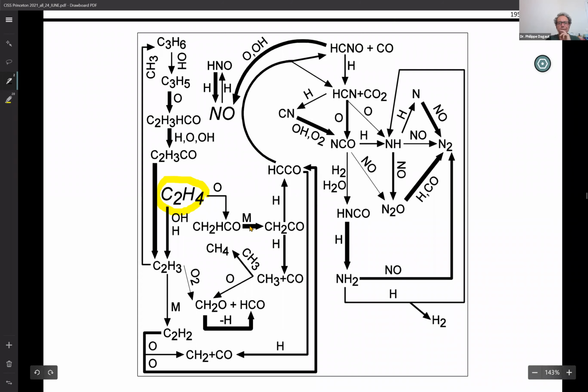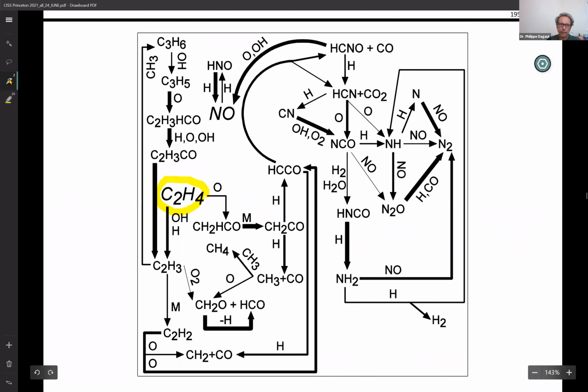And this species can react with H atom to produce CH3 and CO, and then you are going back to formaldehyde chemistry. It can also react through H atom abstraction to form ketenyl, HCCO here. And HCCO can also be produced by the oxidation of acetylene reacting with O atoms. And then you get this HCCO.